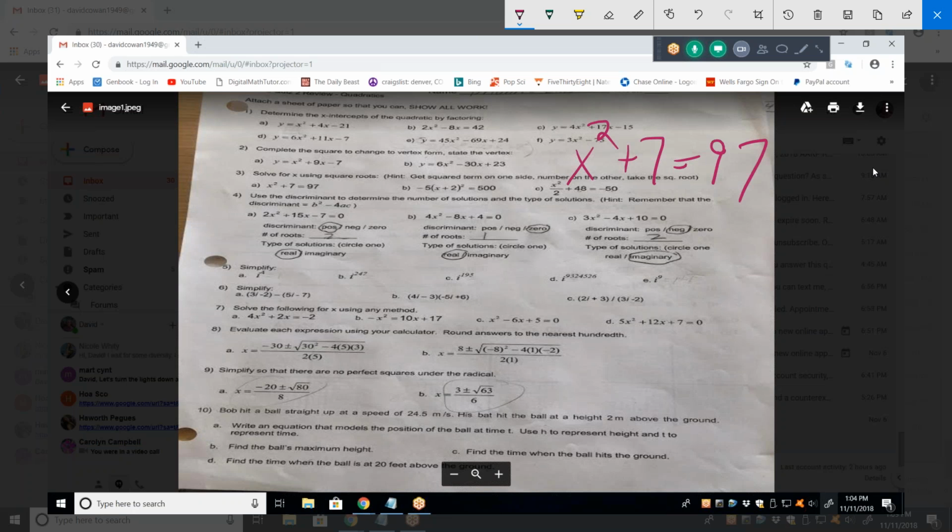Now, this says solve this by taking square roots. What's the first step? Okay, tell me the next line.